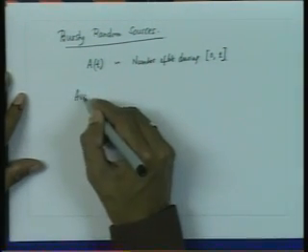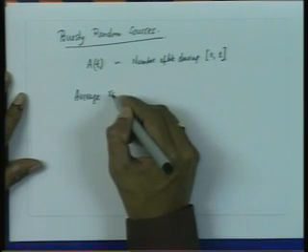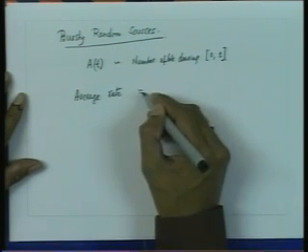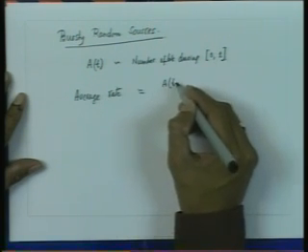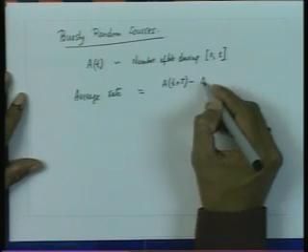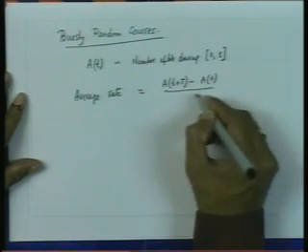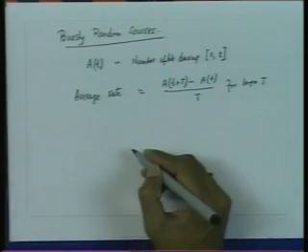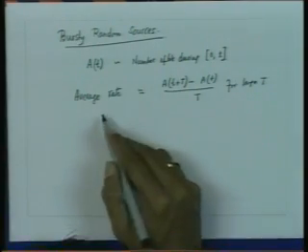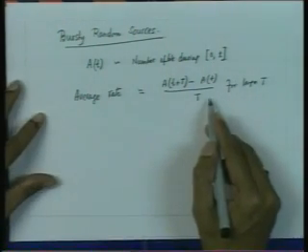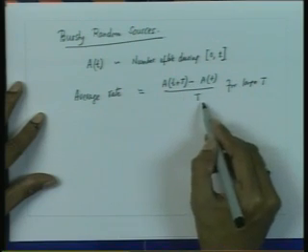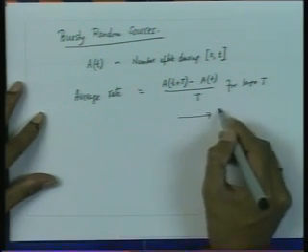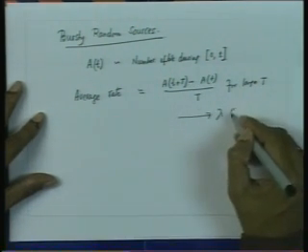So what will be the average rate of a source? The average rate of a source will be approximately equal to (A(t+T) minus A(t)) upon T for very large T. So if T is very large, then the average rate will be closer to that, and let us say that lambda is this average rate.